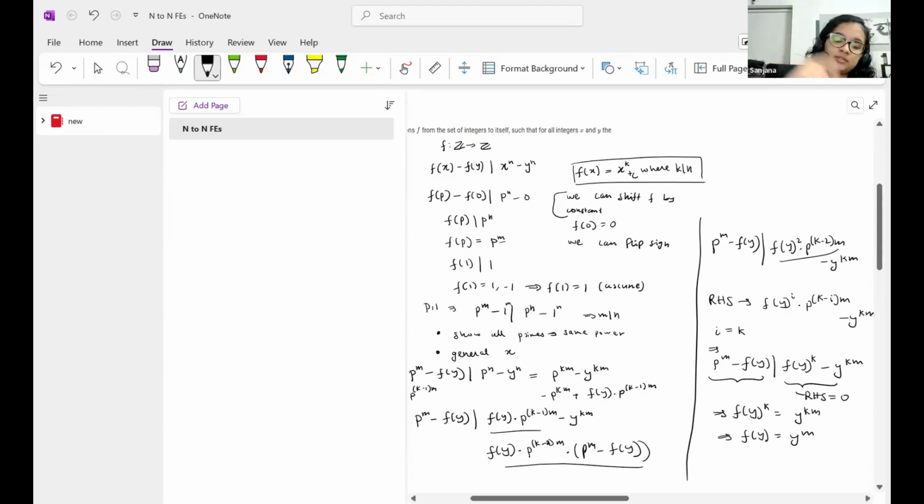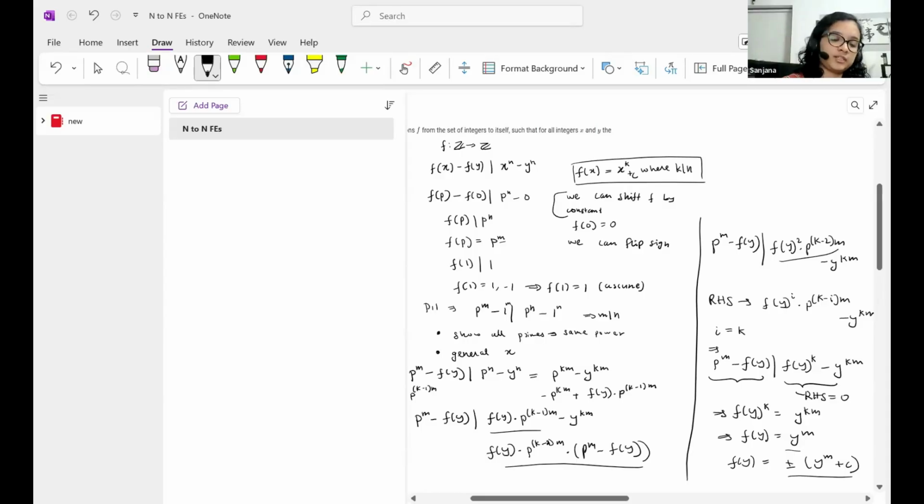So upon shifting and flipping the sign, f of y is actually plus or minus y raised to m plus some constant. Because we have shifted it and flipped the sign, this is the general form.